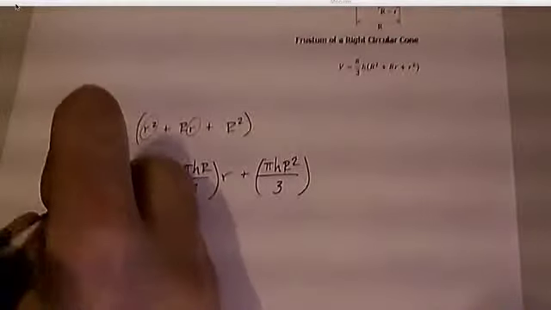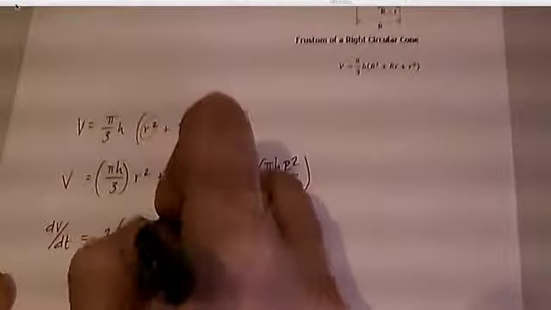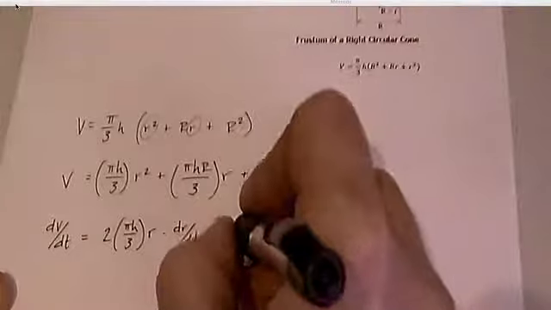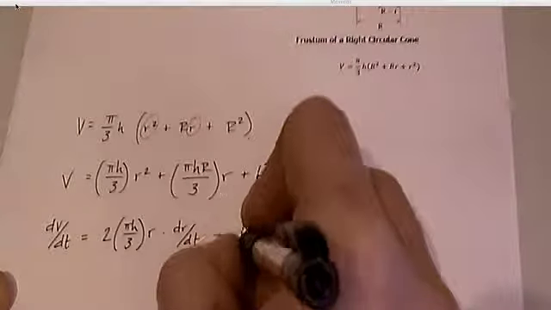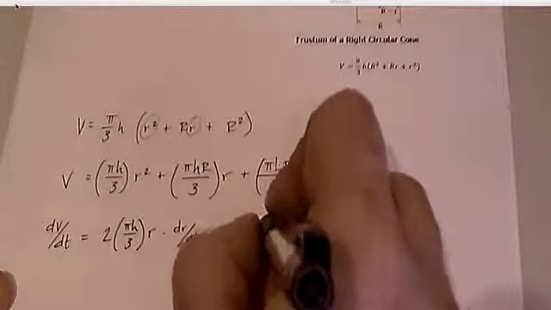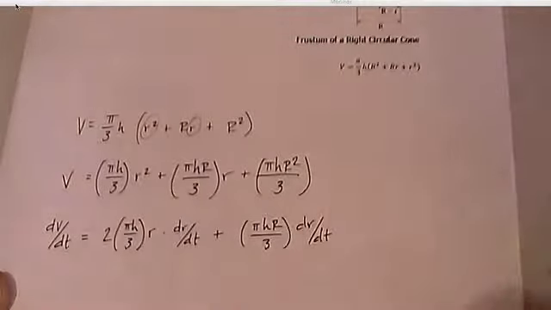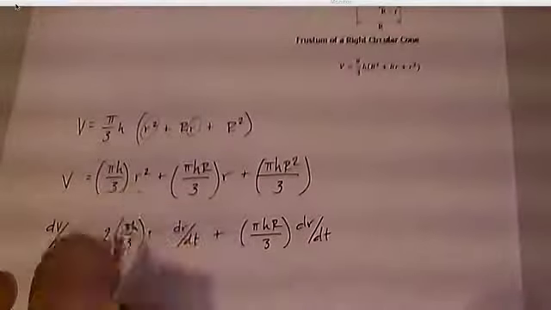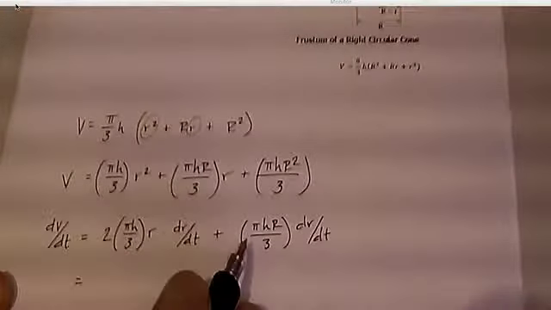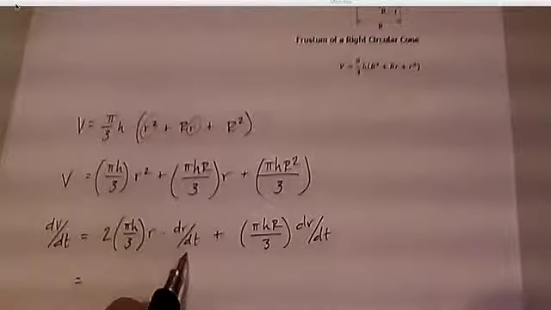And therefore dV/dt is going to be 2 pi h over 3 r times dr/dt plus pi h r over 3 dr/dt. Well, I happen to know that not only is everything in parentheses a constant, dr/dt is a constant.